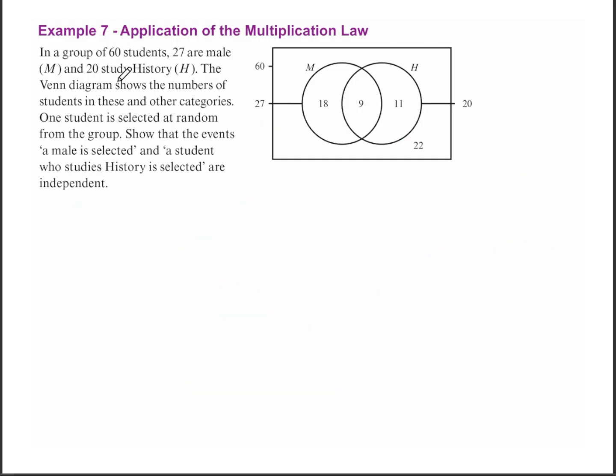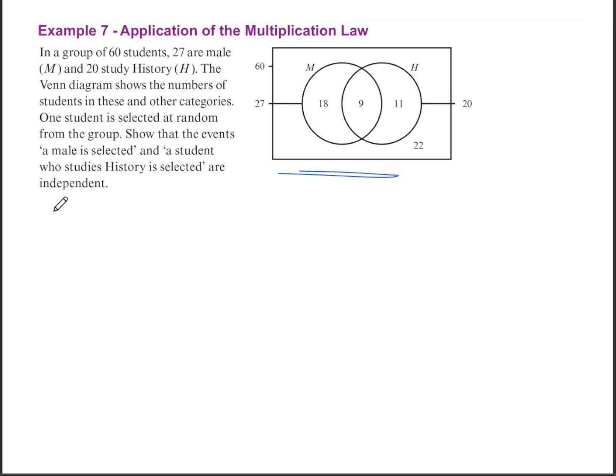Finally, we are told that in a group of 60 students, 27 are male, 20 study history, and the Venn diagram shows the number of students in these and other categories. One student is selected at random from this group right here. Now we have to show that the events a male is selected and a student who studies history is selected are independent.